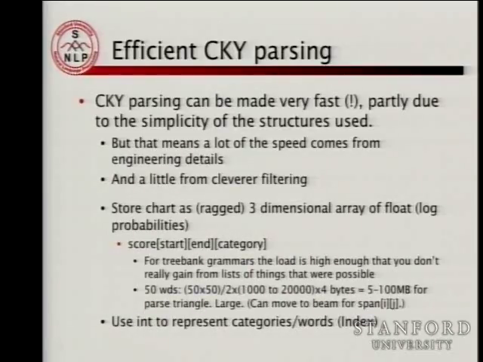So in our parser, the PCFG parser, the Stanford parser that you can download, the PCFG parsing is just done with a highly optimized CKY algorithm. And so it can parse sentences of about 20 words in about half a second. So you can actually run it with treebank grammars pretty fast.